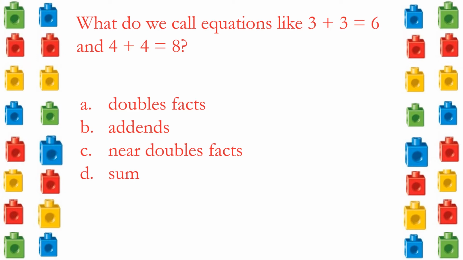And the answer is A, doubles facts. When the addends are the same, 3 plus 3, 4 plus 4, 5 plus 5, 10 plus 10, 275 plus 275, those are doubles facts. All right, let's move on to the next one.